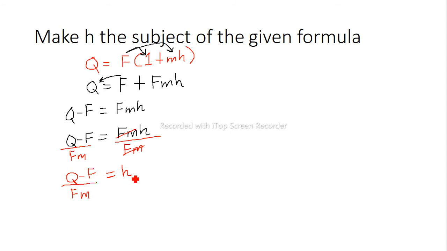Mr. BT, if you put H equals Q minus F over FM, is that still wrong? No, it's not wrong. We can write it right now. Alright? So kudos to you if you got it right. I know I heard this answer before. Yes, that's the right answer. Look where Lionel sent it after I already wrote the answer.